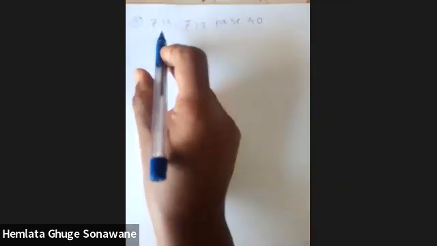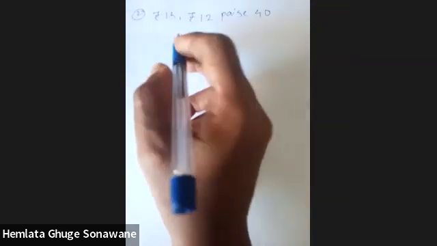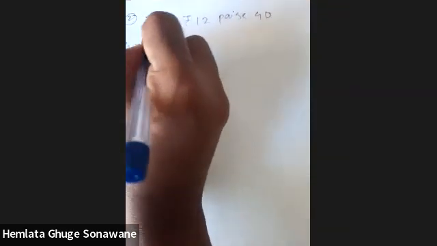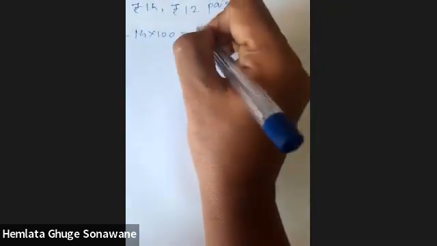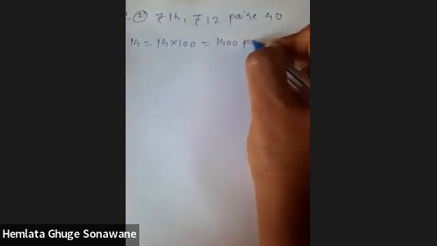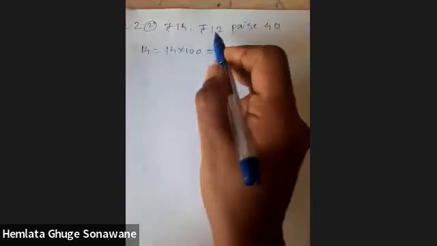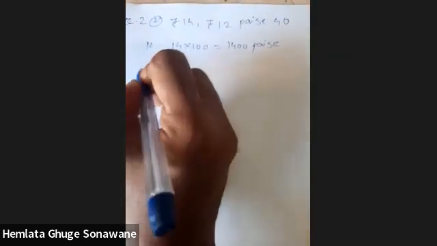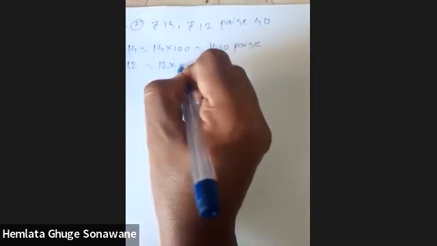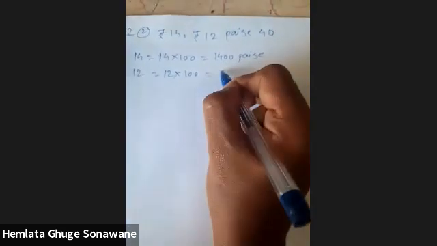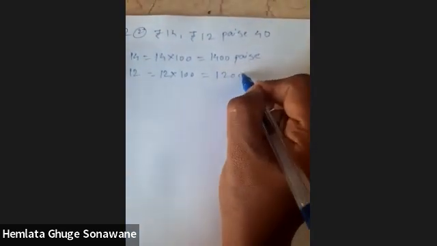Now here we'll convert rupees 14 into paise. So 14 will be multiplied by 100. So it becomes 1400 paise. Here also we have to convert 12 rupees into paise. That is 12 into 100, that becomes 1200.